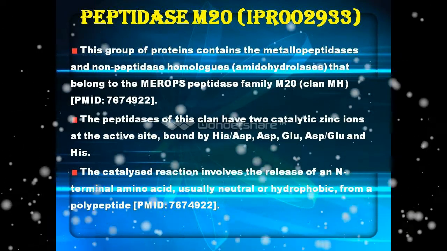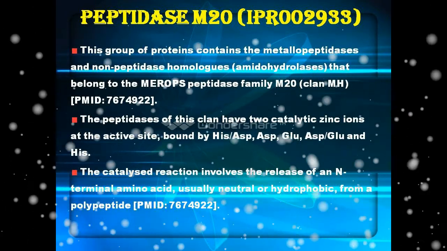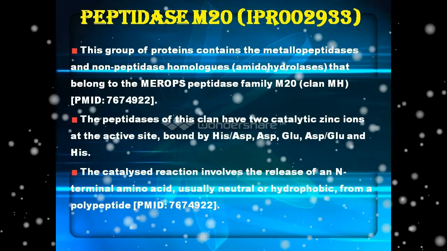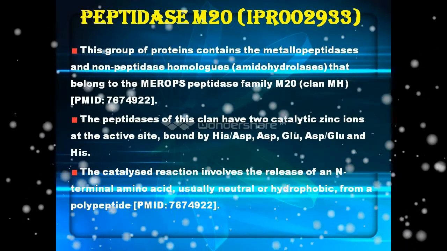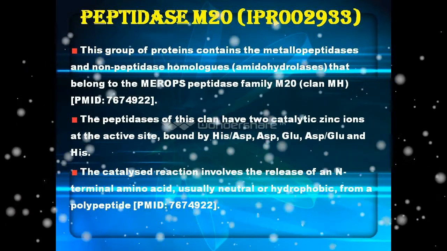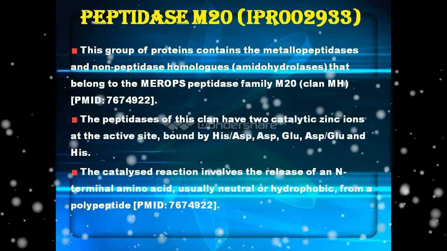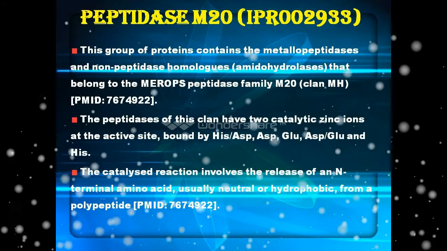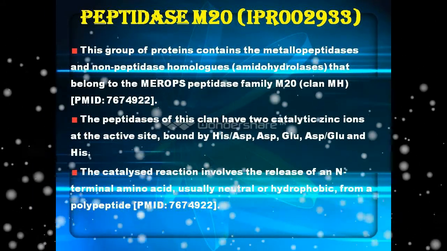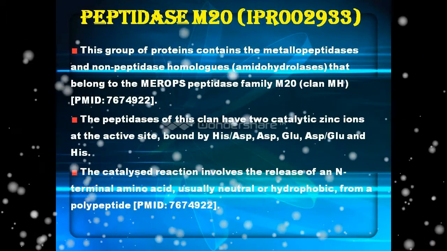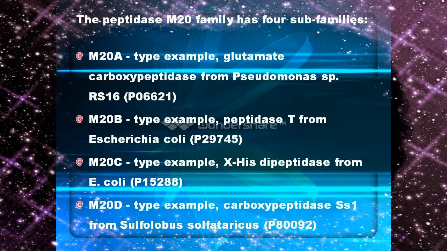The peptidases of these clans have two catalytic zinc ions at the active sites bound by histidine, aspartate, glutamate, aspartate, glutamate, and histidine. The catalyzed reaction involves the release of an N-terminal amino acid, usually neutral hydrophobic, from a polypeptide.